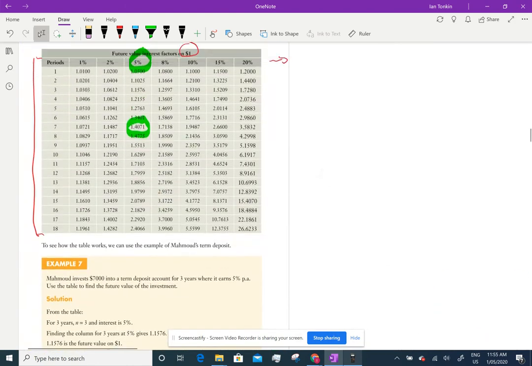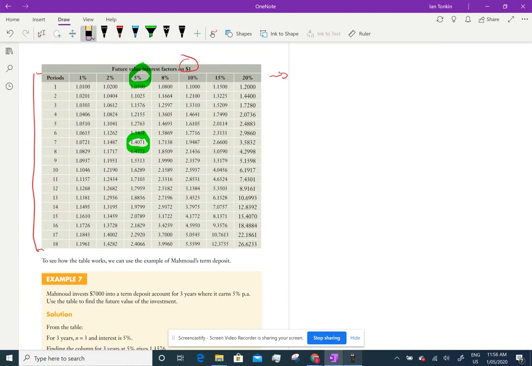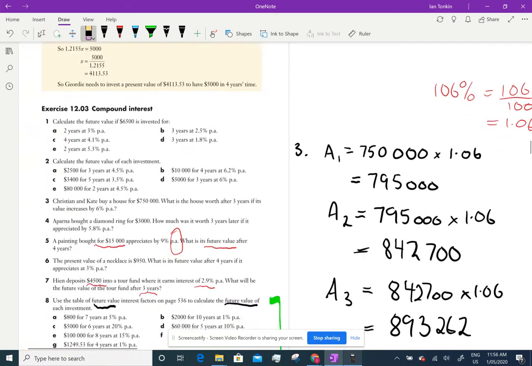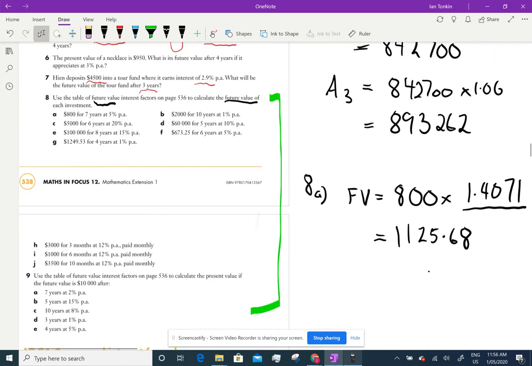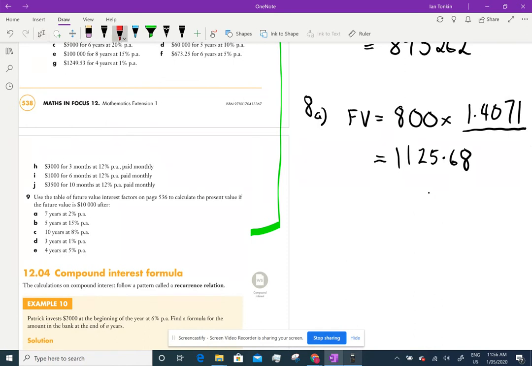I don't think there's a 20%. Oh, there is. Okay. So A all the way up to G are pretty standard. But there's a difference when you get to H: it's paid monthly.